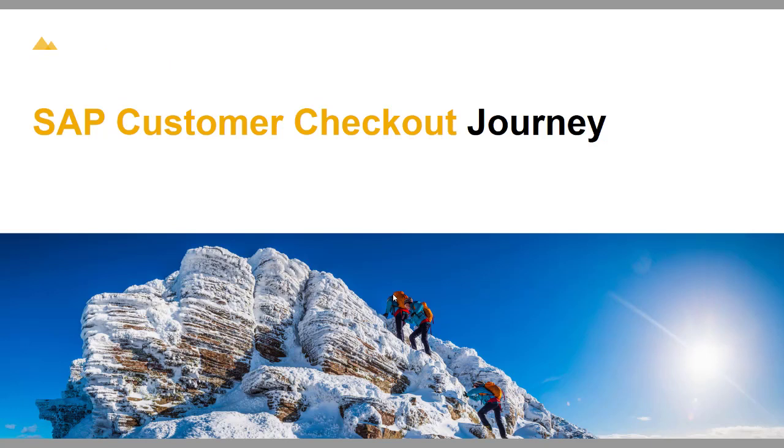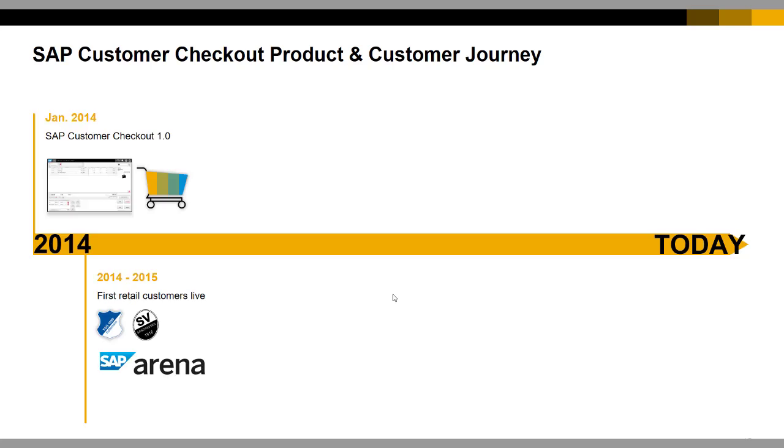Now the SAP Customer Checkout journey. Where did we start and how far have we come? The first version of SAP Customer Checkout, SAP Customer Checkout 1.0, was released in January 2014. At that point in time, we had only one software component and only one user interface mode, which was the retail mode.